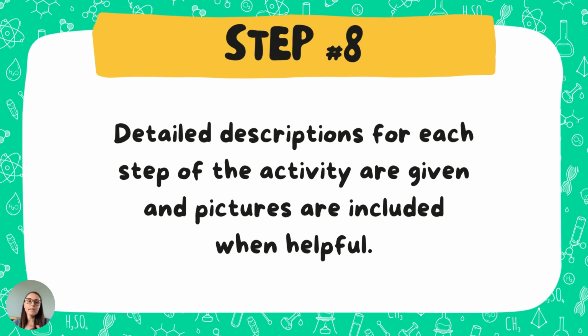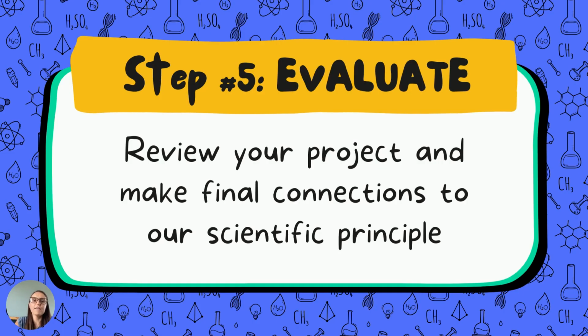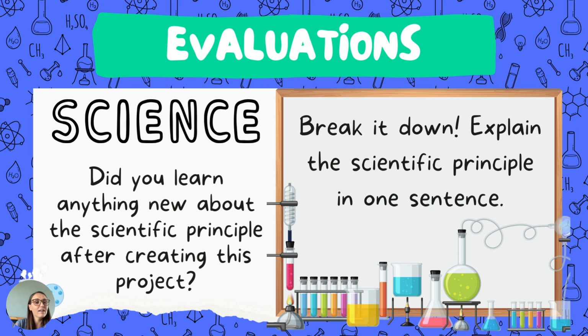And then when the activity is over, that's when we move on to step number five, which is evaluate. And I feel like I'm up on a pedestal now about critical thinking and communication, but that's exactly what we're going to return to. So this is where we're going to review the project and make final connections to our scientific principle. So once again, we're going to hit hard on that higher order thinking with evaluating.